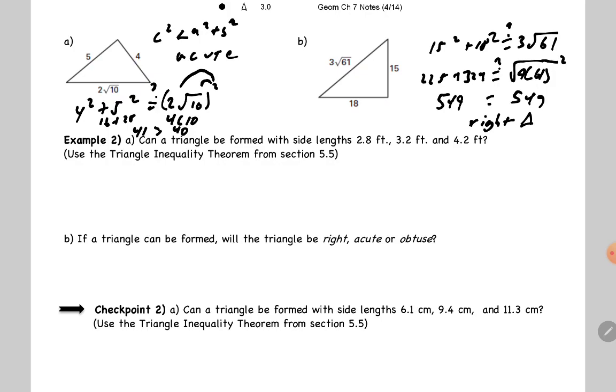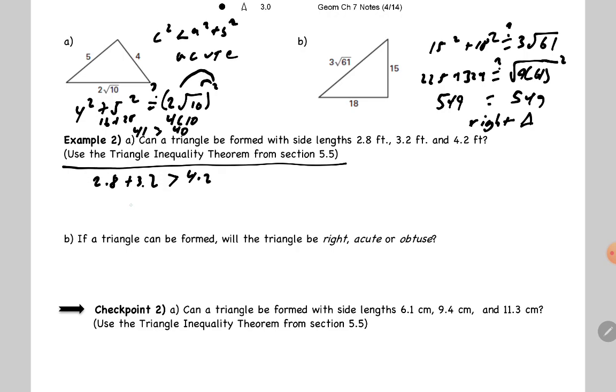Alright, example 2. Can a triangle be formed with side lengths 2.8, 3.2, and 4.2? So this is a very old theorem from last semester. Can a triangle be formed? Remember, the two shortest sides added together must be bigger than the last side.